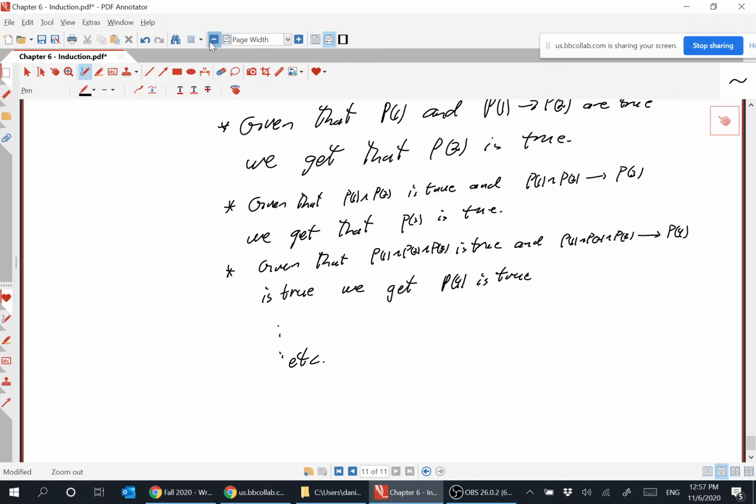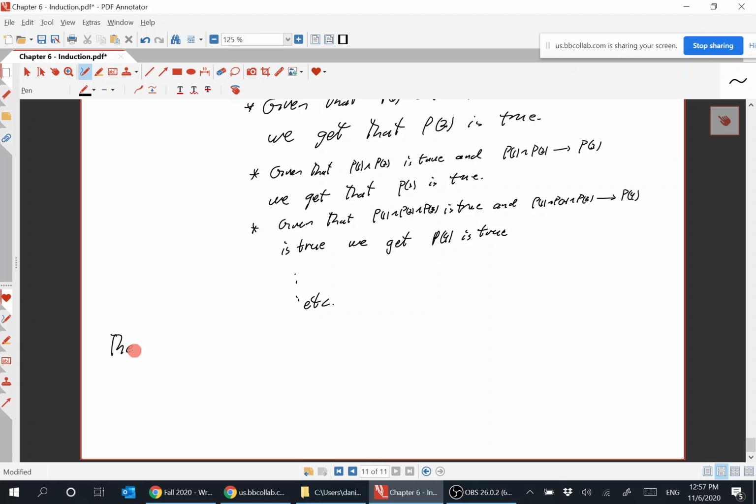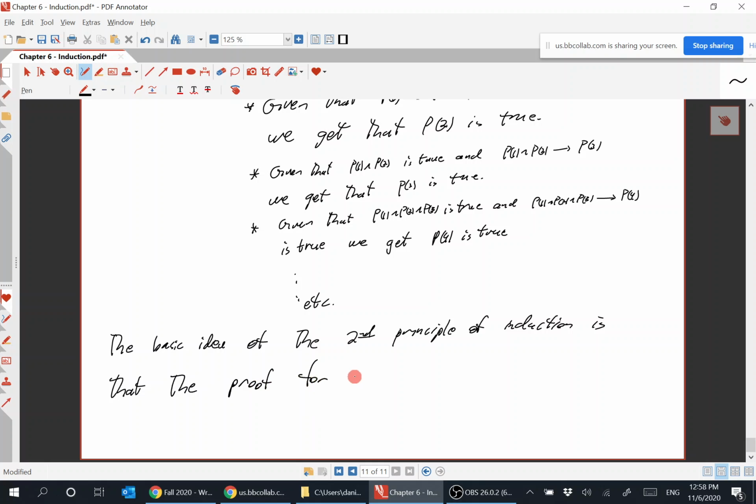The basic idea with the second principle of induction, like I was saying, is that the proof for step n plus 1 doesn't necessarily follow from step n.